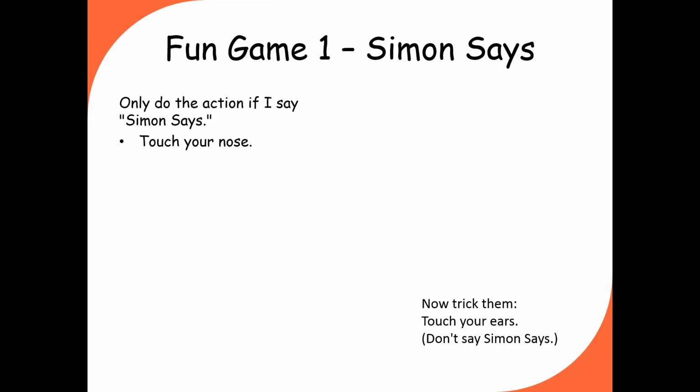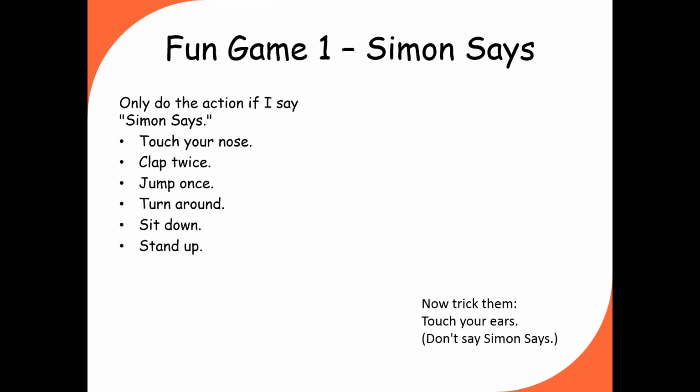Now, Simon says, touch your nose. Simon says, clap twice. Simon says, jump. Simon says, turn around. Sit down. You did not follow the order. Remember, the order is, I said, Simon says. Simon says, sit down.